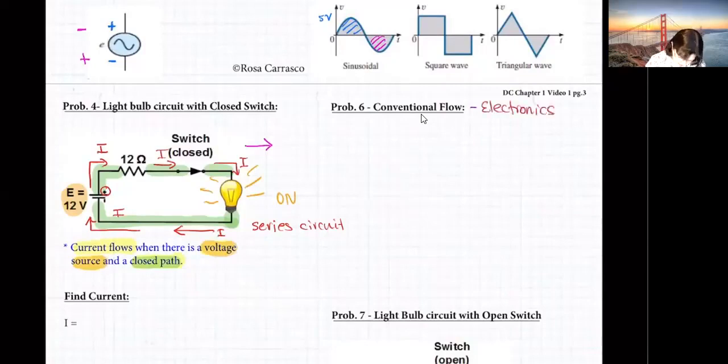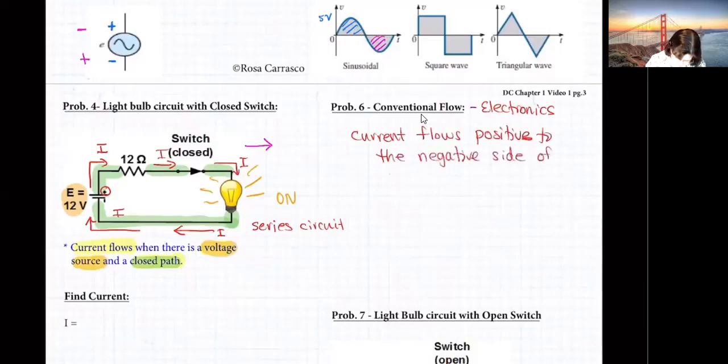That means the current flows from the positive to the negative side of my voltage source. What is my voltage source? In that diagram, it's this guy that looks like that. Does everybody see that?